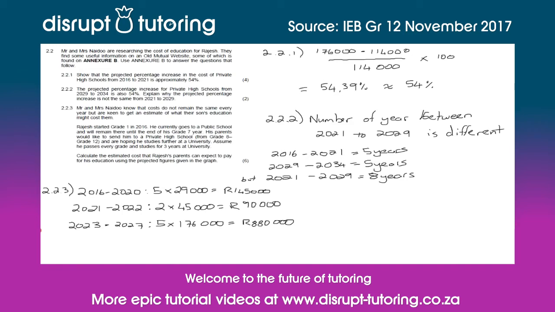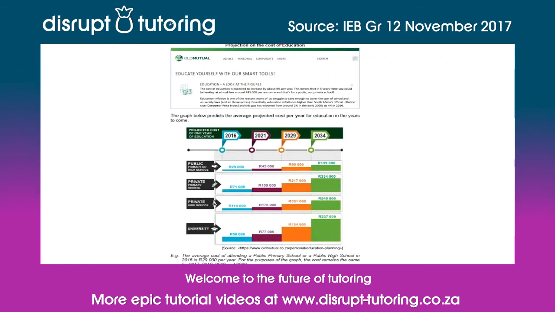And then in the period after that is university. We know you'll be in university from 2028 up until 2030, but remember the price changes in that period, so we only need to get the data for the 2028 year, because in 2029 it changes again. If we look at university in this period, it's going to cost 77,000.